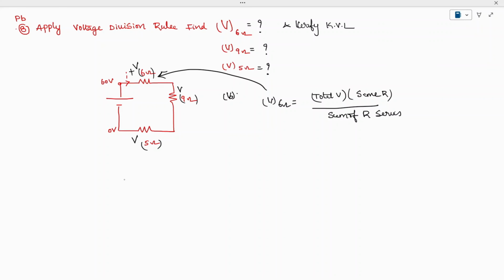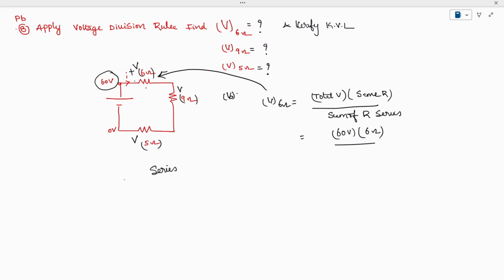I can say that 6, 9, 5 are connected in series. Therefore, applying the formula, what is the total voltage given in the problem? 60 volts into the same resistor. Across which resistor do we want the voltage? It is 6 ohm, divided by the sum of resistors which are connected in series.